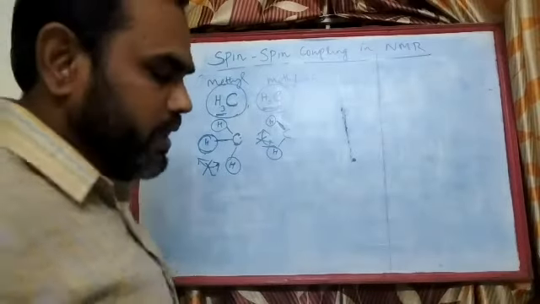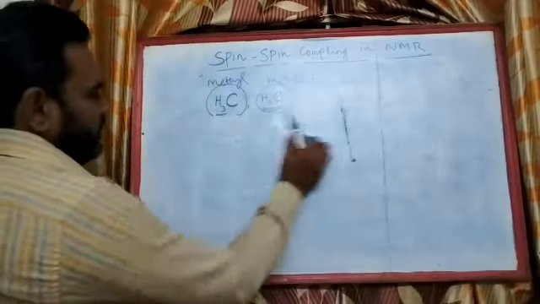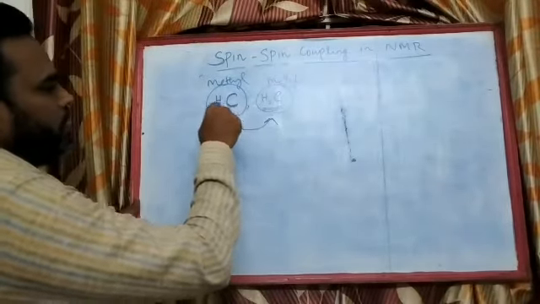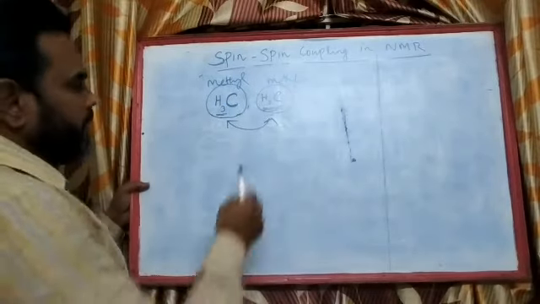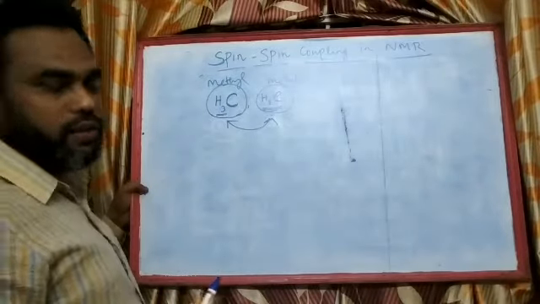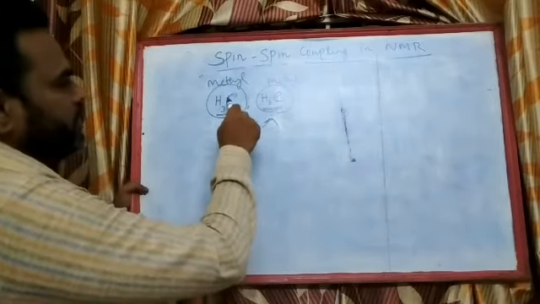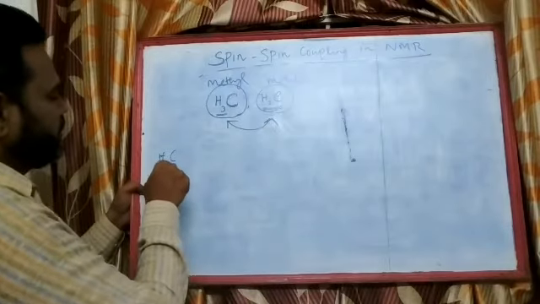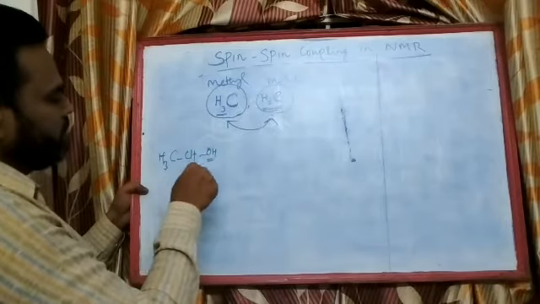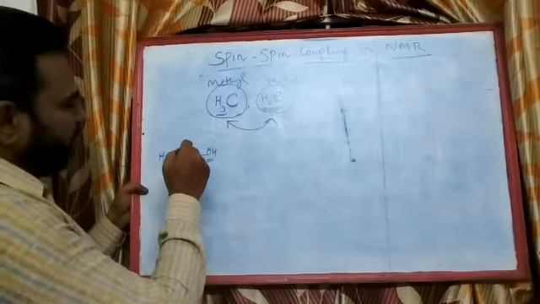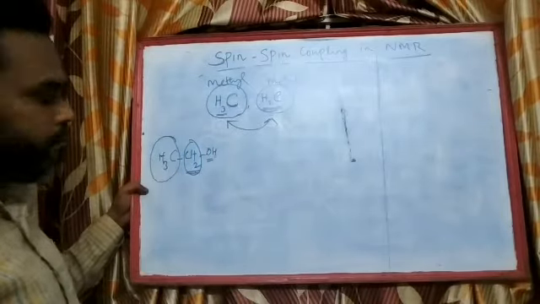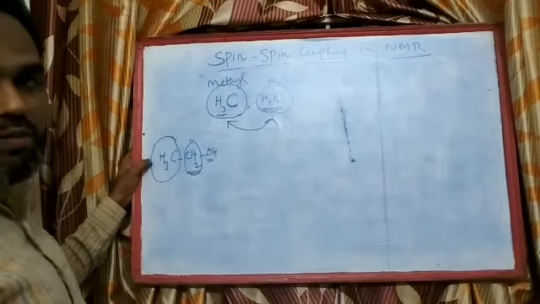However, between the methyl and methylene protons, they are magnetically not equal and chemically not equal. For example, if you have methanol, the hydroxyl group is much closer to methylene, so it will have less shielding when compared to the methyl proton, which has more shielding.